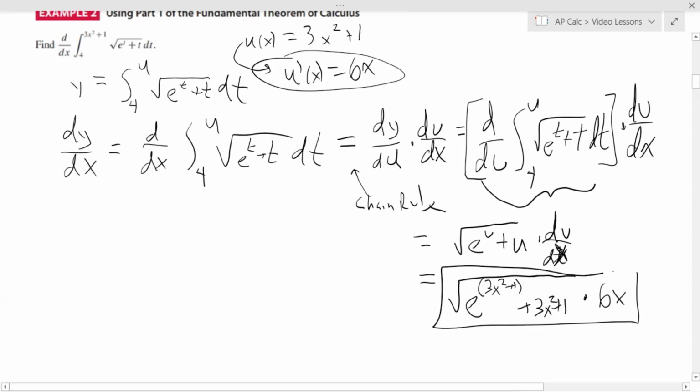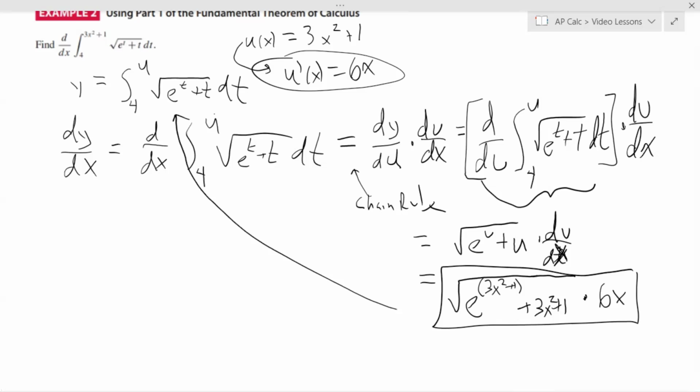So this would be the entire answer. And notice, in terms of the original integral, if you look at the integrand, we basically plugged the 3x squared plus 1 in for t, and then multiplied by the derivative of that. Notice how it's plugged in for t here and here, and then the derivative multiplies. That's essentially using the chain rule.